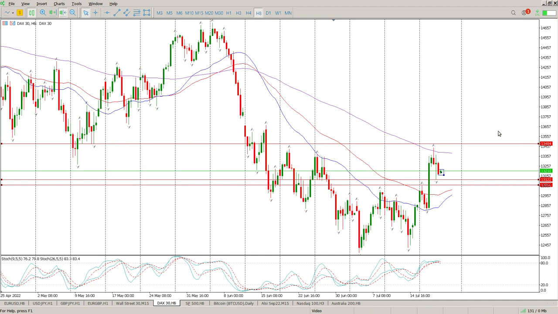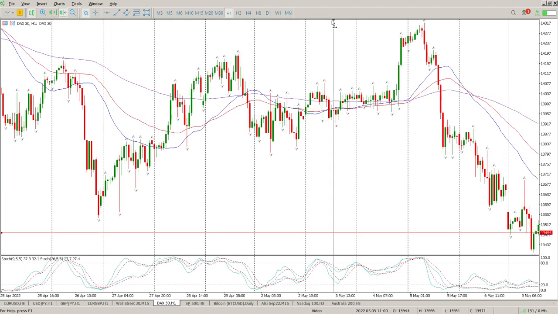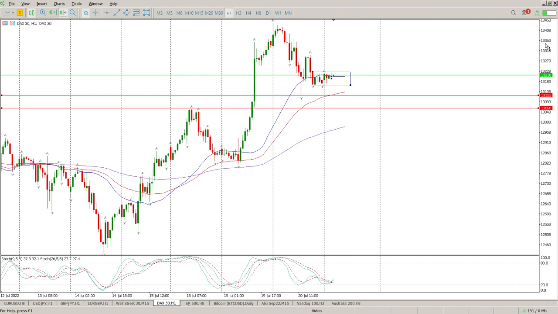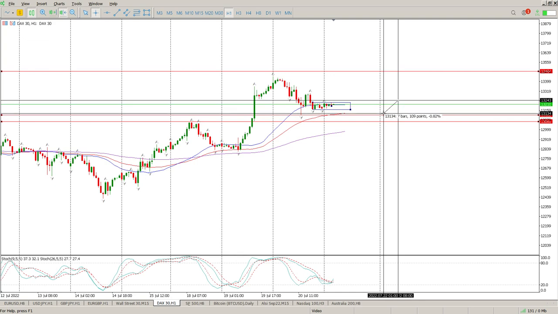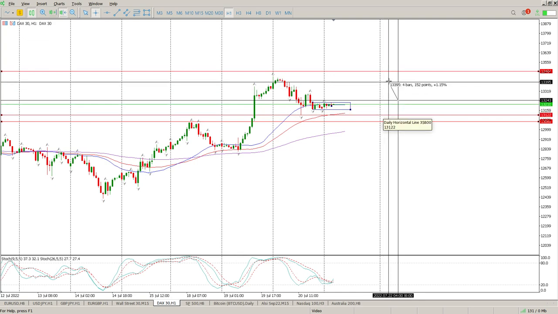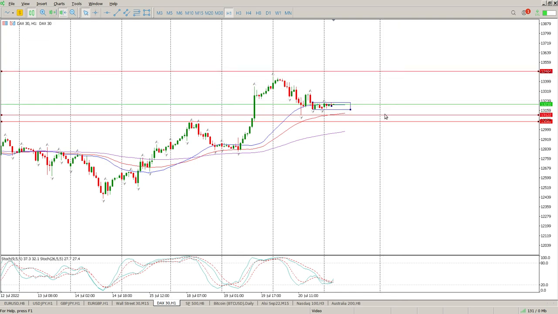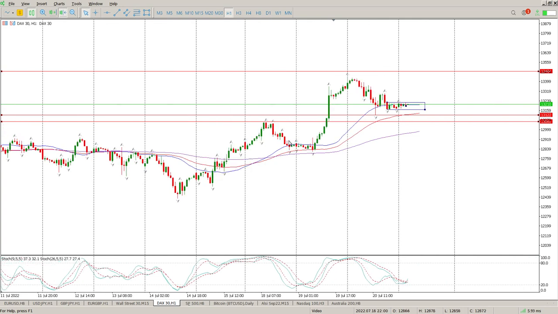So that would be my first area, and that is 13,484, from a break here. Let's say we get in over there, we're looking at a 110 point stop loss for a 240 point trade. So that should be a 2-to-1 trade. I think that's a fairly decent risk to reward.